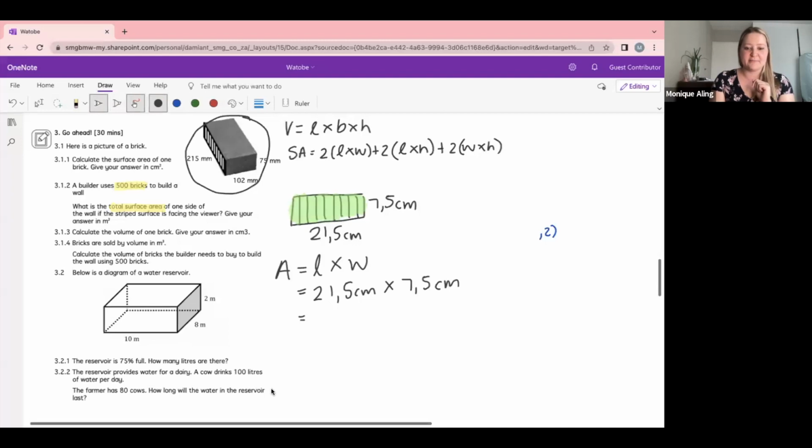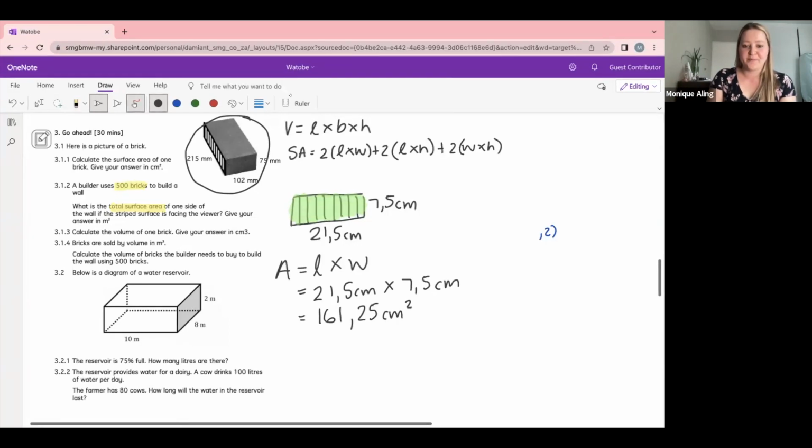Let me see it in the chat. 21.5 times 7.5 is 161.25 centimeters squared, which I'm seeing in the chat. Fantastic work.